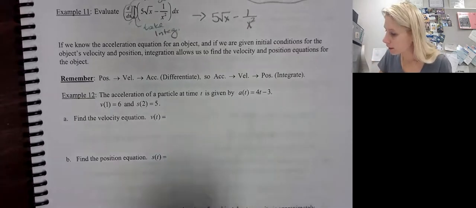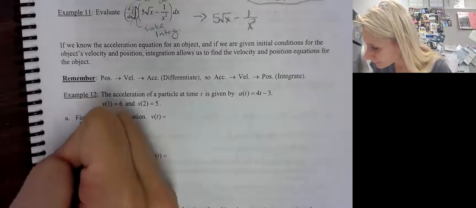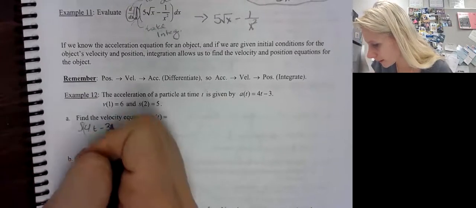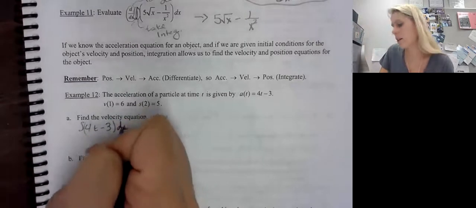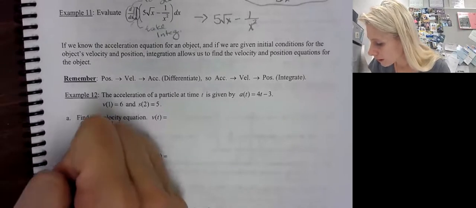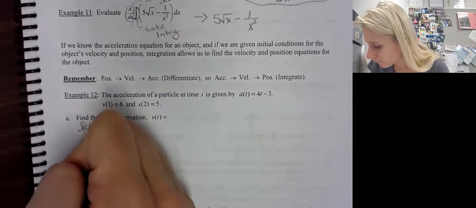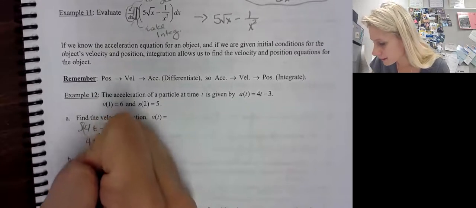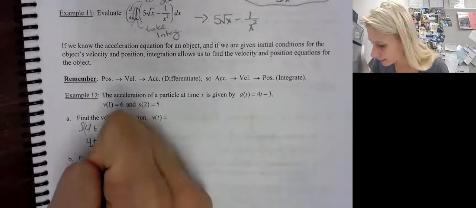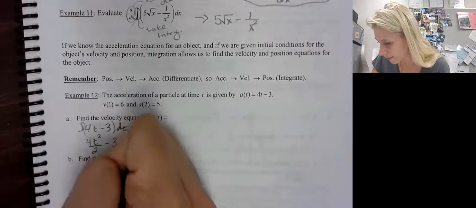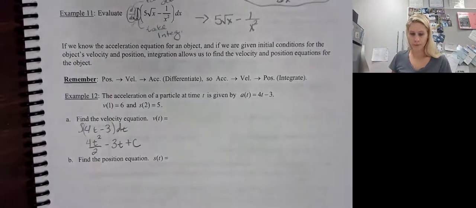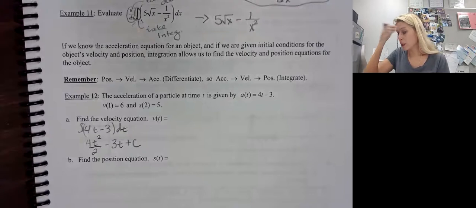So first of all, let's take the integral of this 4t minus 3 dt, in this case because we are in t's. These are power rules, right? So keep that coefficient out there, add 1, divide by that new exponent. Minus, this is the constant, so we just add that variable on, and don't forget at the very end we say plus c.